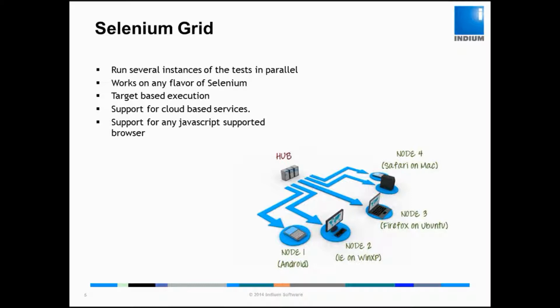So the main point to be noted here is the scripts are not available on any of the target or node machines. It's just available at one location called hub, and it can be executed on any of the platforms like Windows, Linux, or Mac, or Android device, or iOS device, or even on cloud-based services like Sauce Labs or Browser Stack, etc.